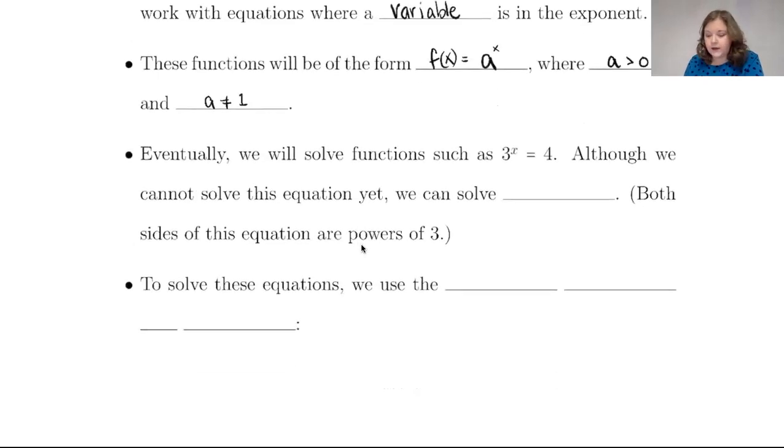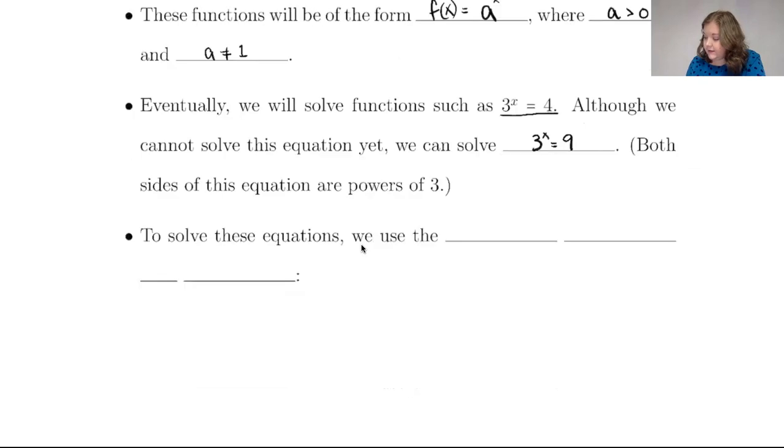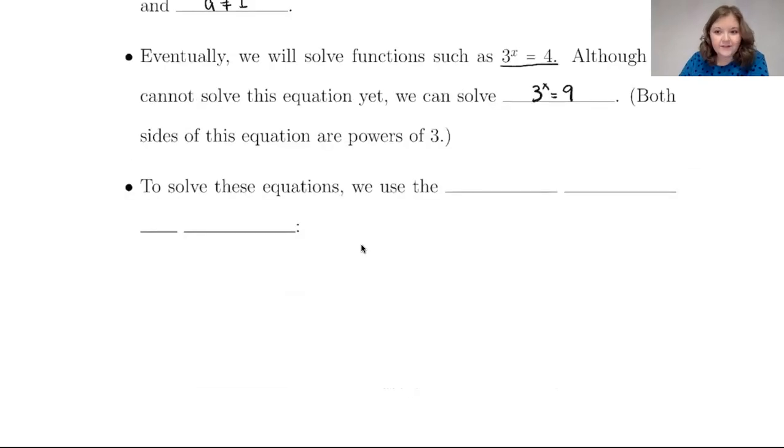Okay. So eventually we'll work up to solving problems like 3 to the x equals 4, but we don't really have all the tools for that yet. But what we can work with would be 3 to the x equals 9. So you may be thinking, what's the difference between those two things? They look a lot alike.